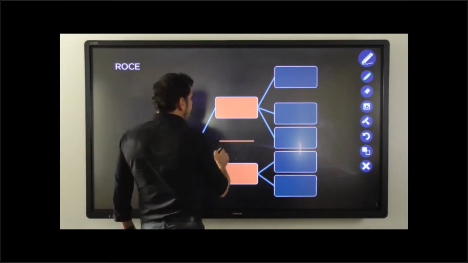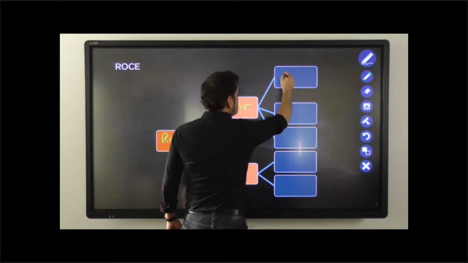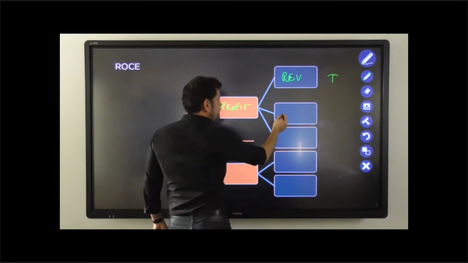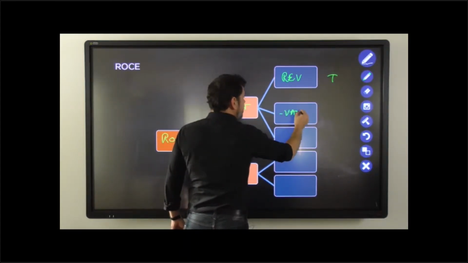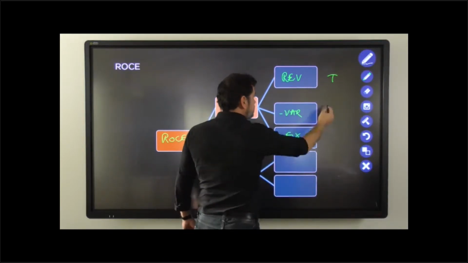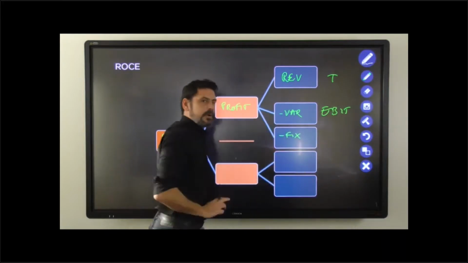The top side would be, what's your profit? Yes. Your profit would typically be the difference between your revenue, remember that top line, minus the variable costs, minus the fixed cost. Yes, that together could be your profit or your EBIT.